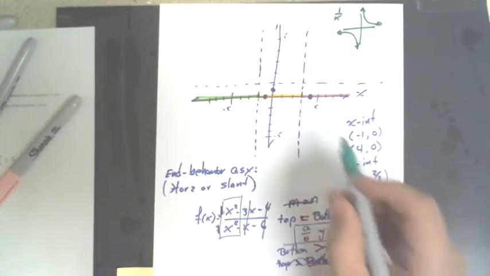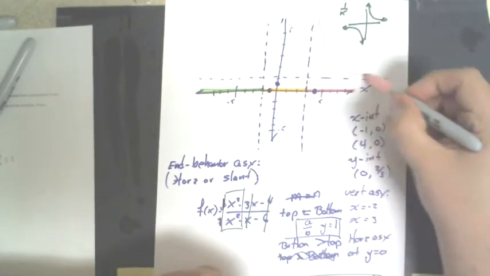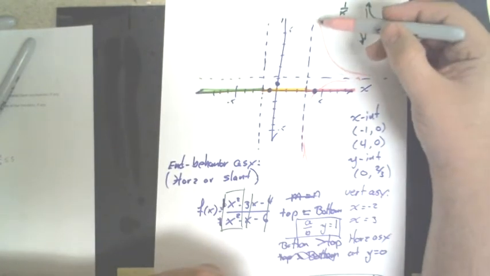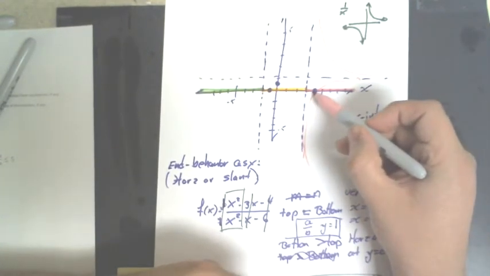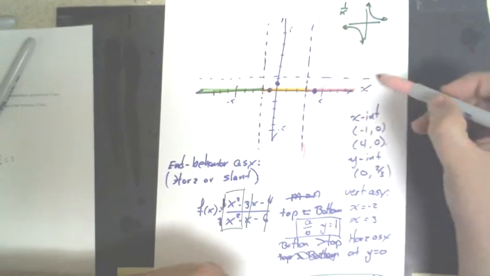If we look in this pink section, we've got 2 choices. Either that sweep lives up here, or it lives down here. The problem is it has to go through this x-intercept at 4. So it can't be up here.